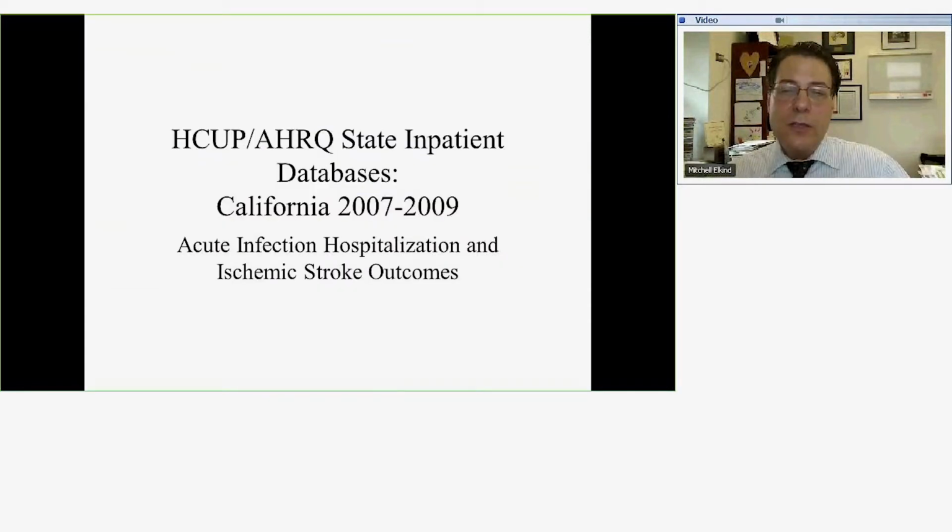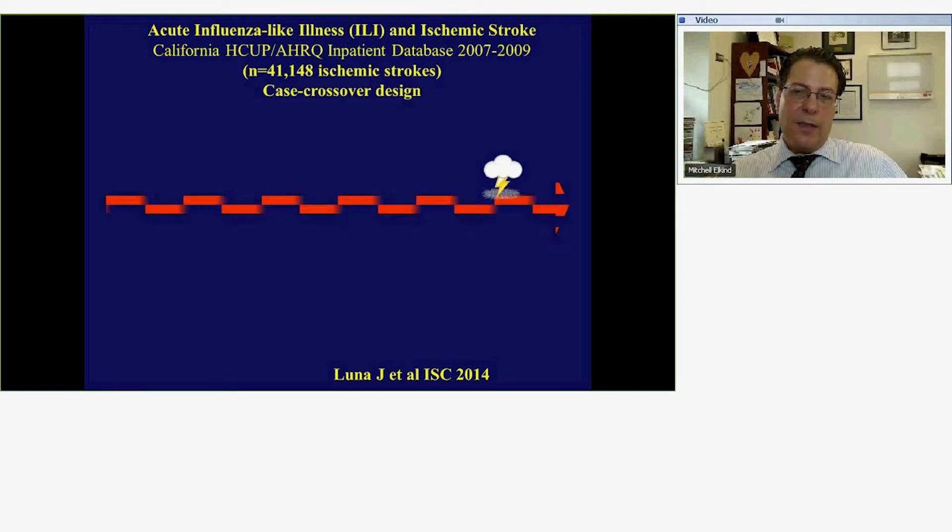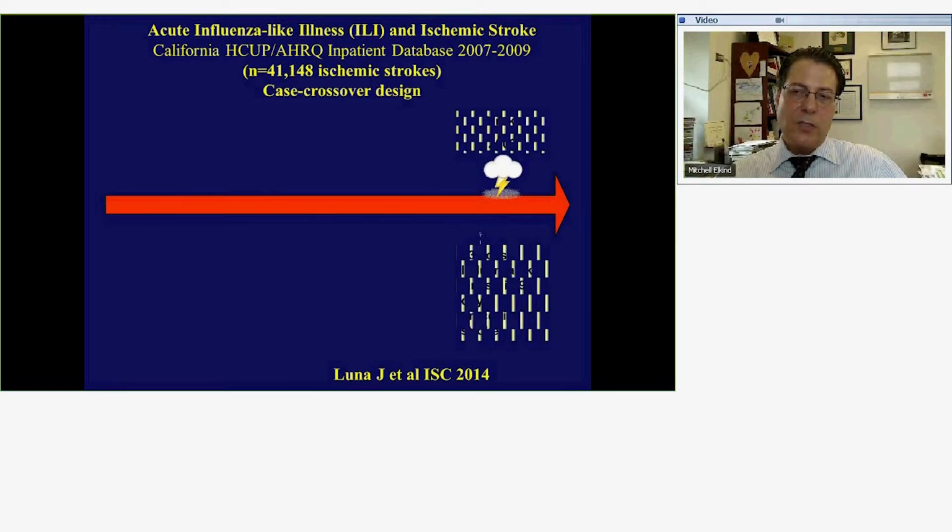We also did look in another cohort in the U.S. This is work that was done by one of our graduate students, Jorge Luna, who looked at the California inpatient data set, basically using the same case crossover design.